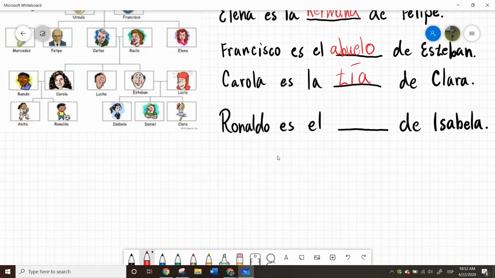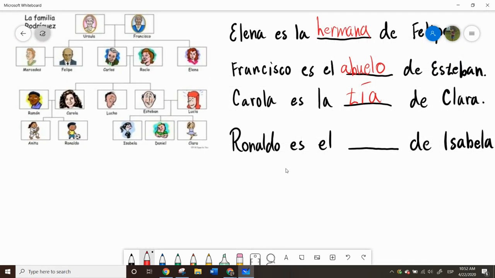We have Ronaldo es el blank de Isabella. So Isabella is right here. Ronaldo is right here. All right, so Isabella and Ronaldo. So Isabella's parents are Esteban and Lucia again, and Ronaldo's parents are Carola and Ramon. So Ronaldo's mom is right here, Isabella's dad is right here.